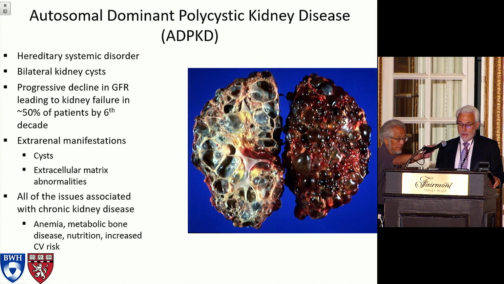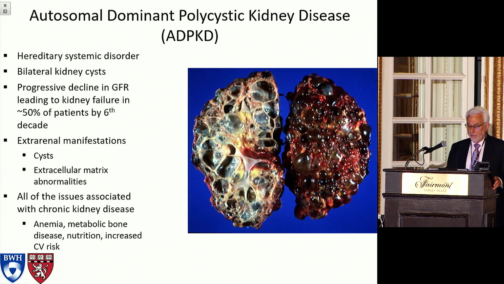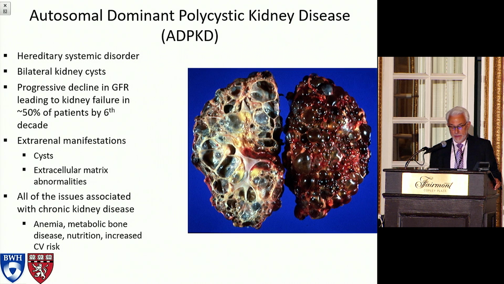So as Dr. Hildebrand just described, ADPKD is a dominant genetic disorder. It's a systemic disorder associated with bilateral kidney cysts with progressive decline in GFR leading to kidney failure in about 50% of patients by the sixth decade.